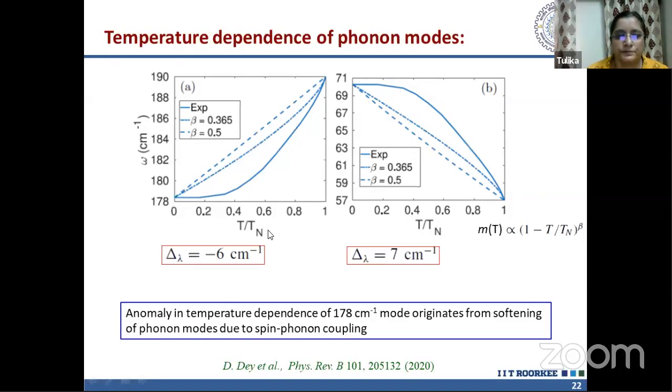So this is how we could explain through this Ginzburg-Landau theory the different temperature dependence of two phonon modes. One is at 70 cm^-1, and another is 178 cm^-1.